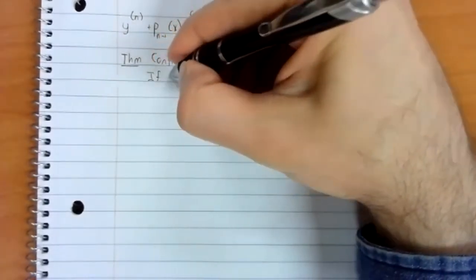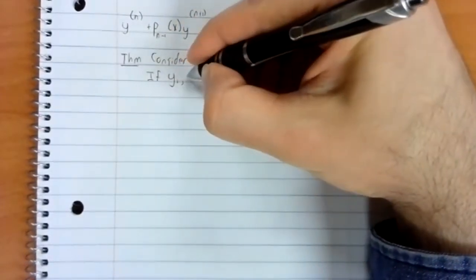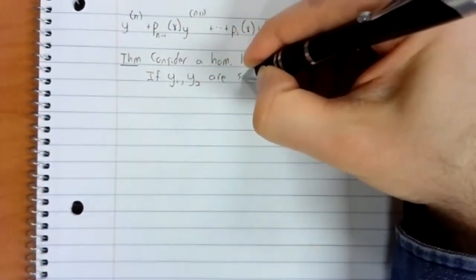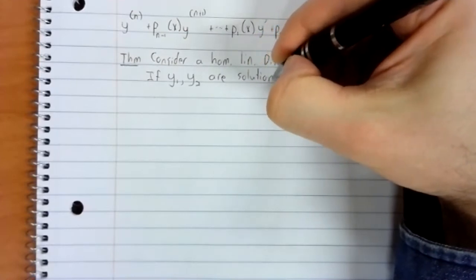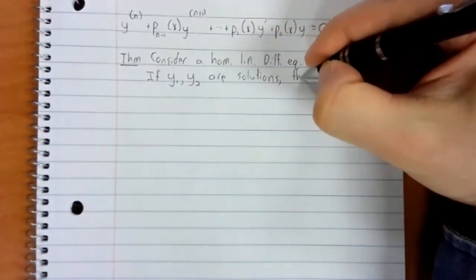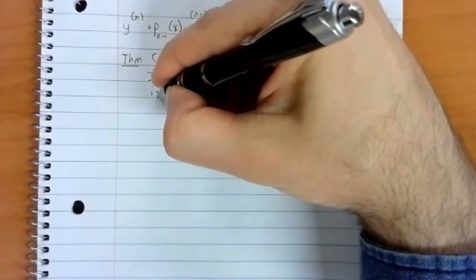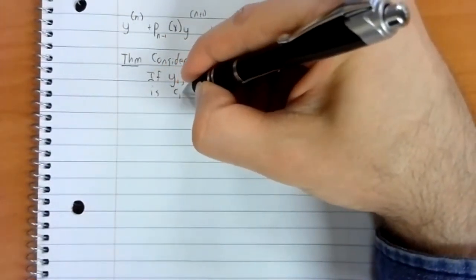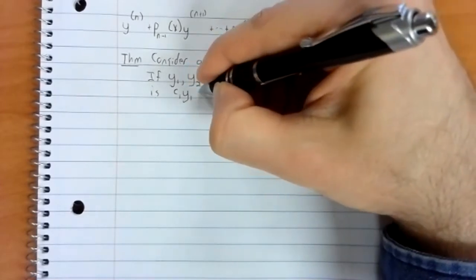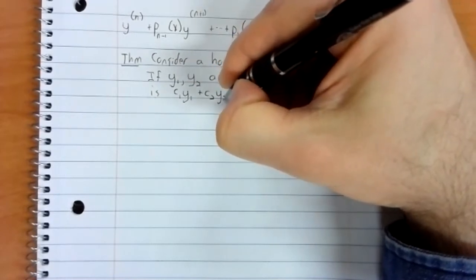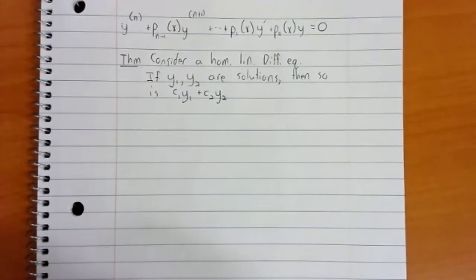If y sub 1 and y sub 2 are solutions, then so is c sub 1 y sub 1 plus c sub 2 y sub 2 for any constants c sub 1 and c sub 2.